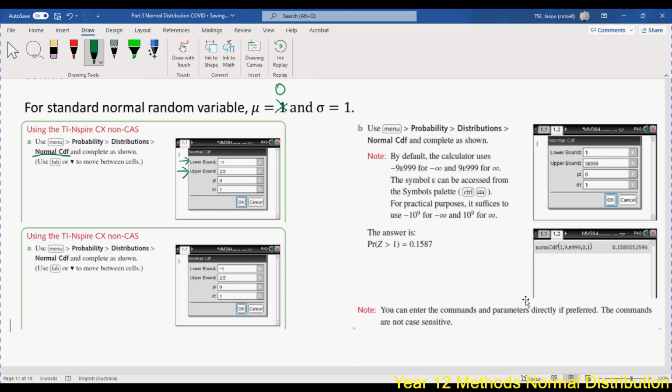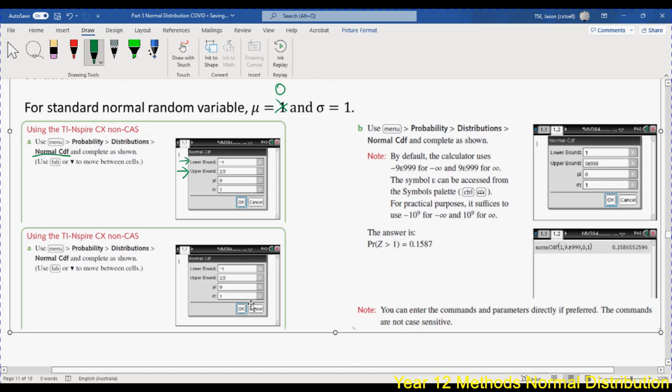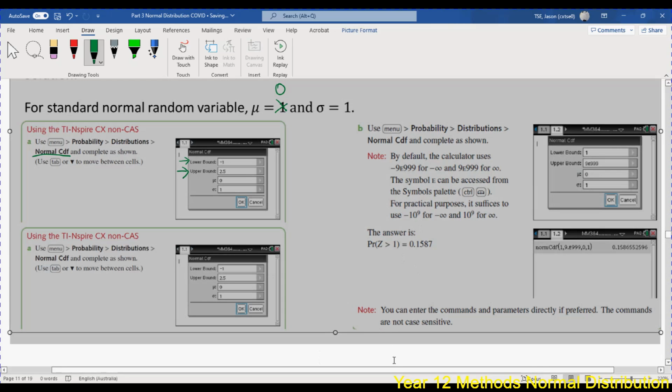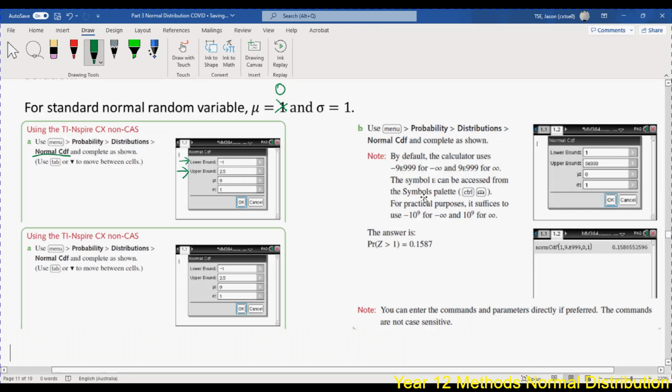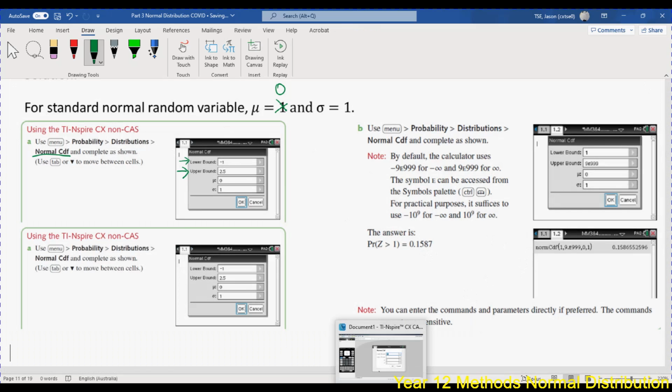Then after that you will get the value. Let me try to use the calculator to show you.